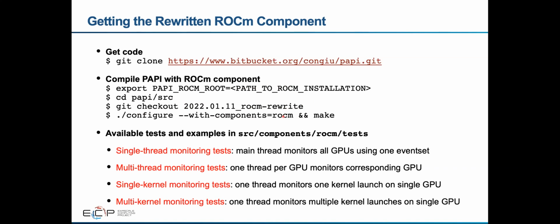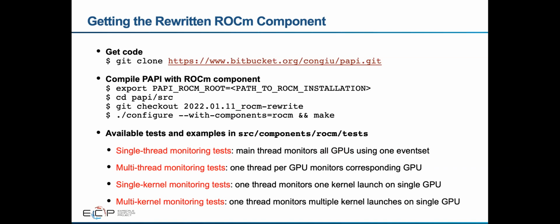The component comes with an exhaustive set of tests that can be consulted to understand how the component interacts with the PAPI public API. The tests are divided mainly into 4 categories. There is a single thread monitoring set of tests that basically have only one thread doing the monitoring for all the GPUs using only one event set.